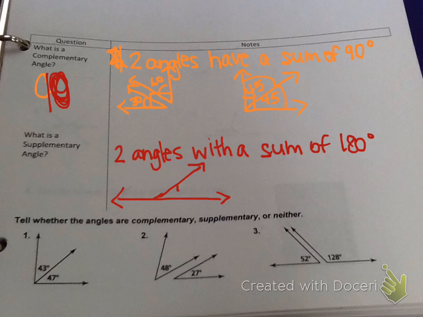For example, a 45-degree angle and a 135-degree angle would make a supplementary angle. And again, if you have an S for supplementary, we can change that into 180.